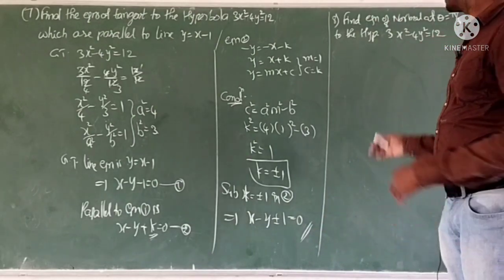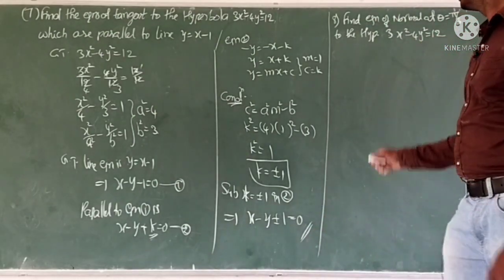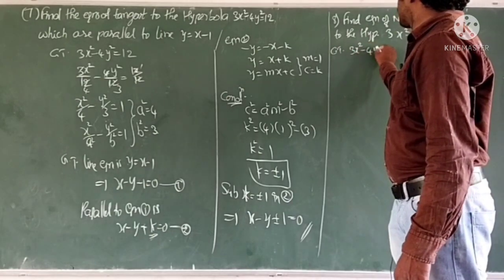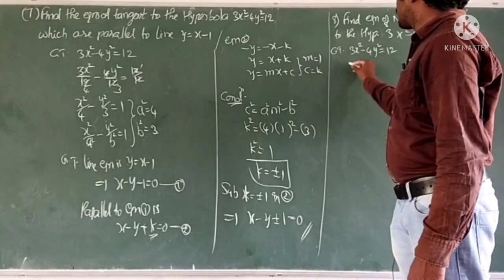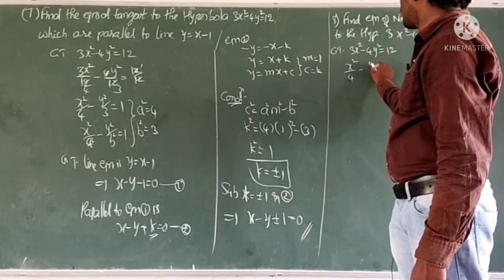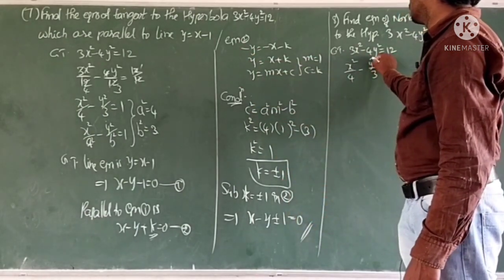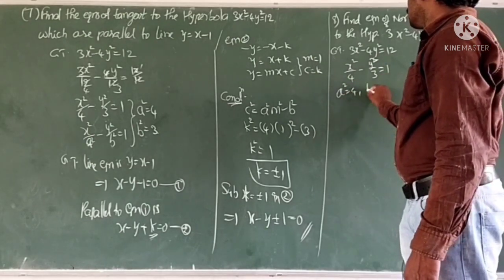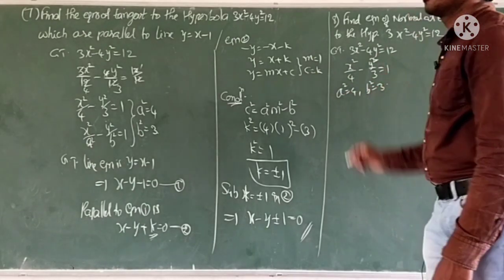So here also, first take the hyperbola equation 3x square minus 4y square equal to 12. It can be written, by transforming in the same way, as x square by 4 minus y square by 3 equal to 1. So that means a square equal to 4, b square equal to 3.